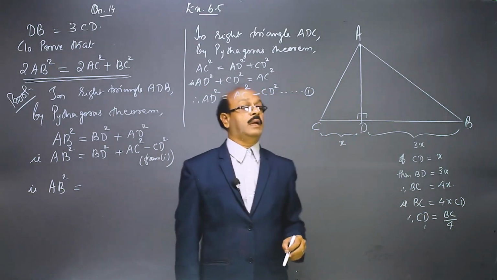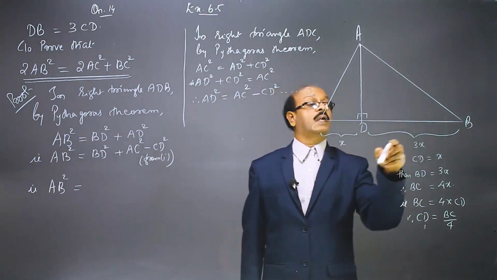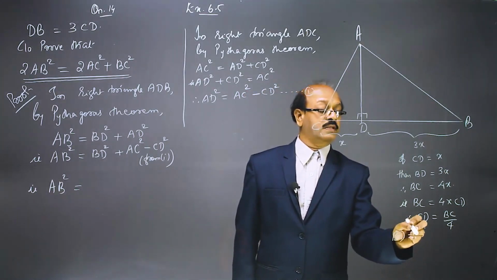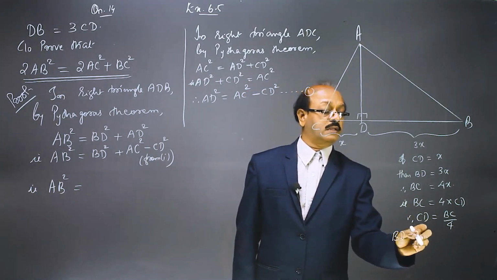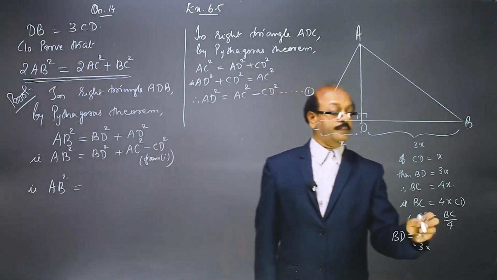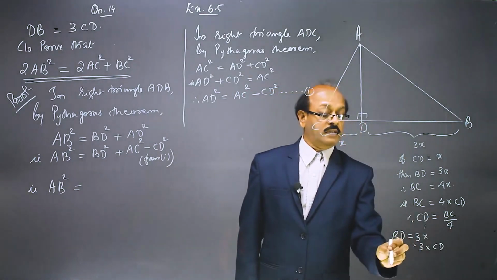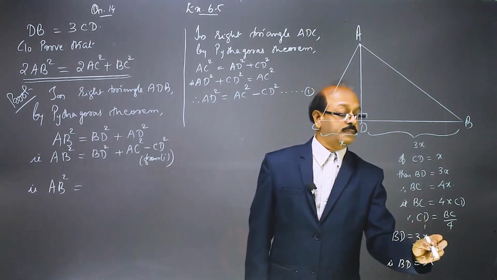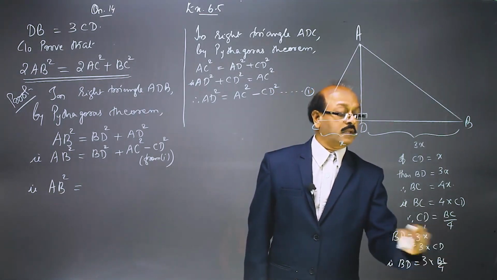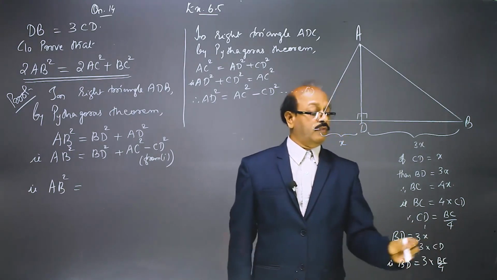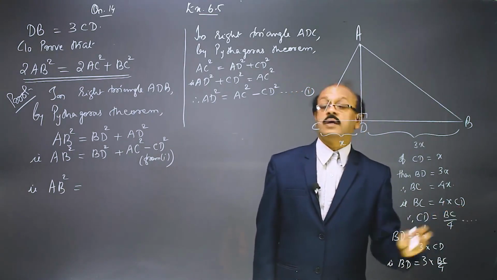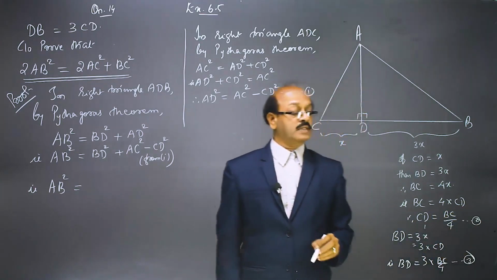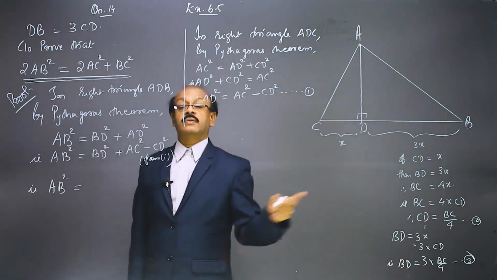Similarly, BD is equal to 3x, which means 3 into CD. That is, BD is equal to 3 into BC by 4. We can give this as equation number 2 and this as equation number 3. Instead of CD and BD, we can give the values.